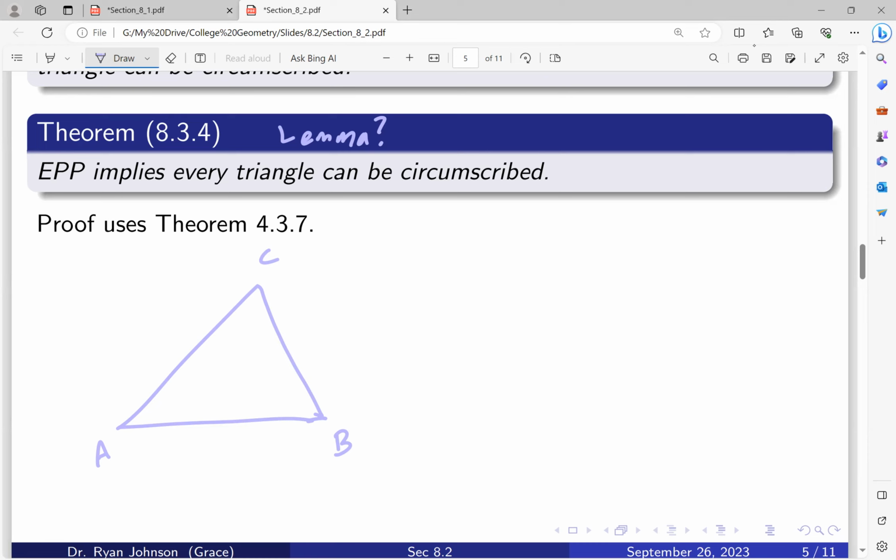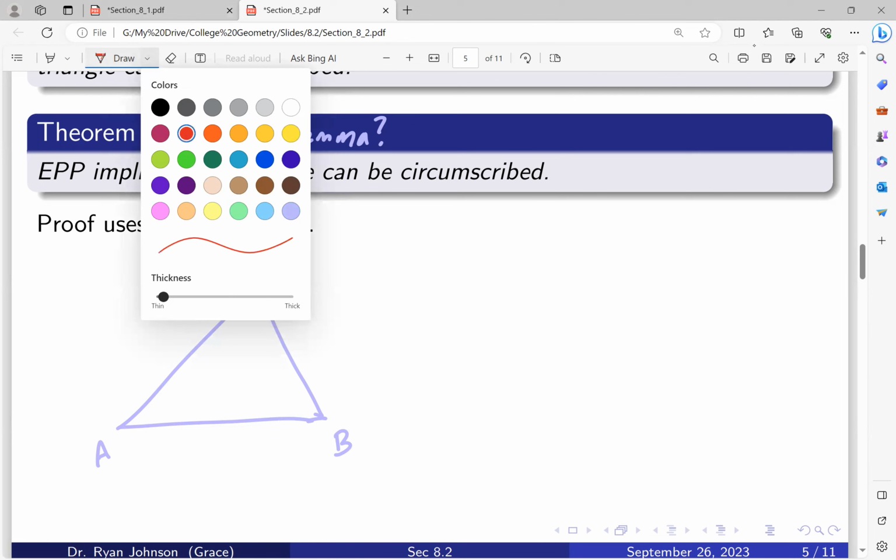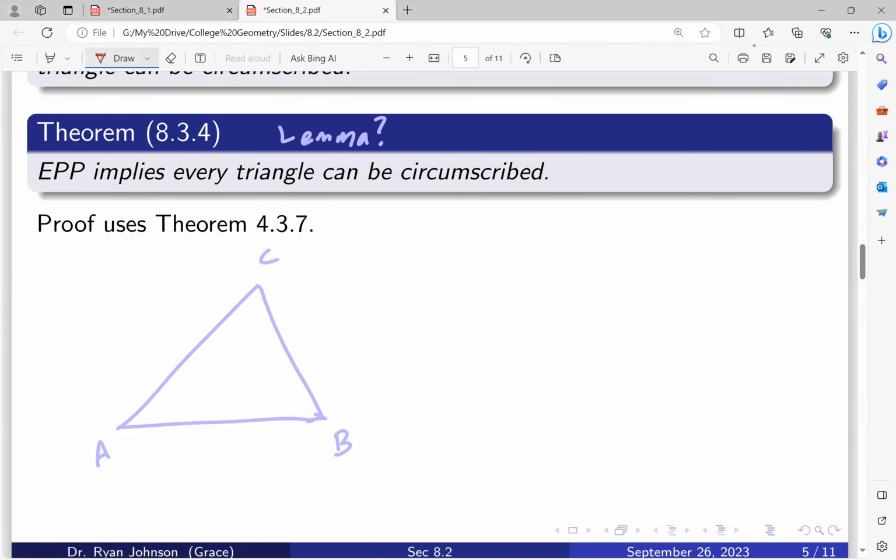So then I'm going to take my triangle and perpendicularly bisect AB. And I'm going to perpendicularly bisect, I think I might want to bisect at least two sides.